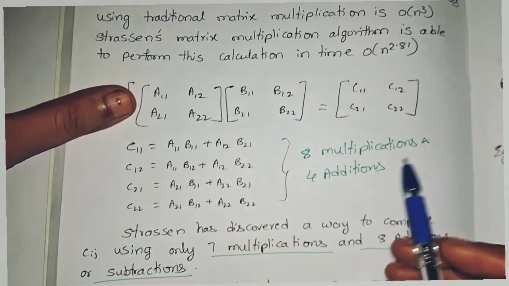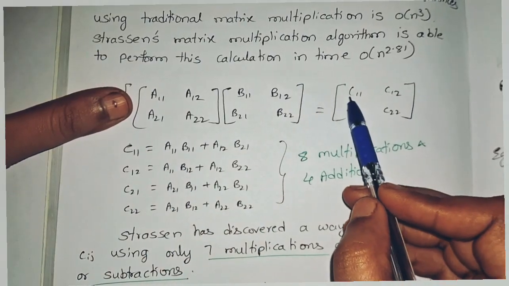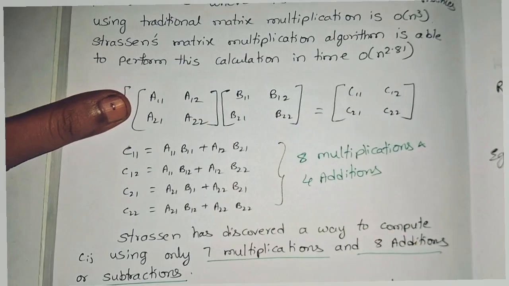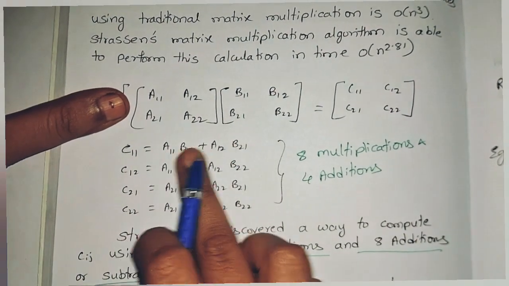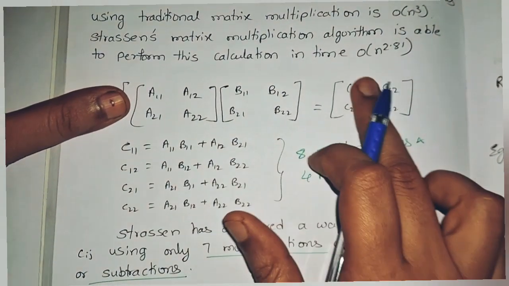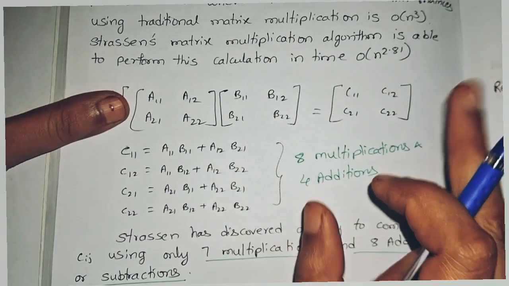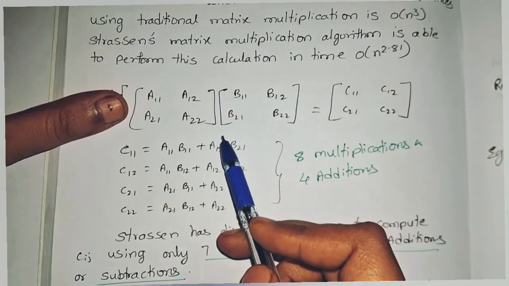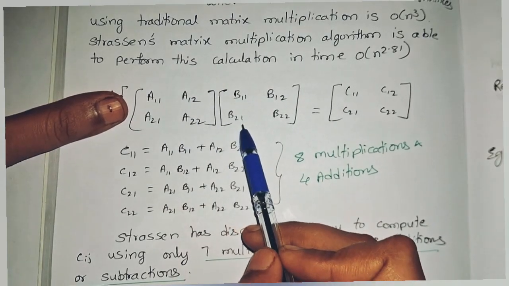If you want to find the element C11, we have to perform two multiplications and one addition for a single element, right? So C11 equals A11 into B11 plus A12 into B21.